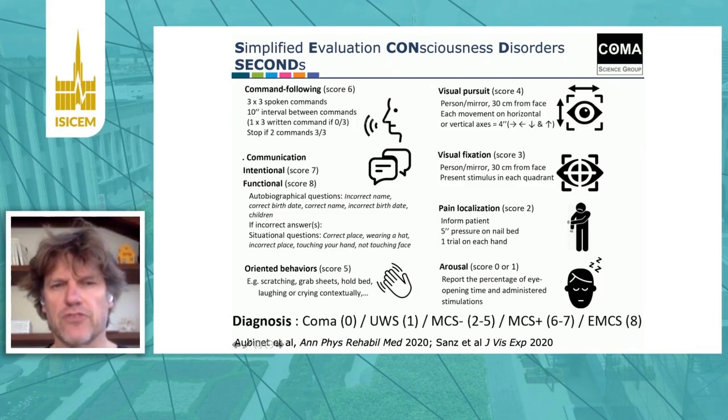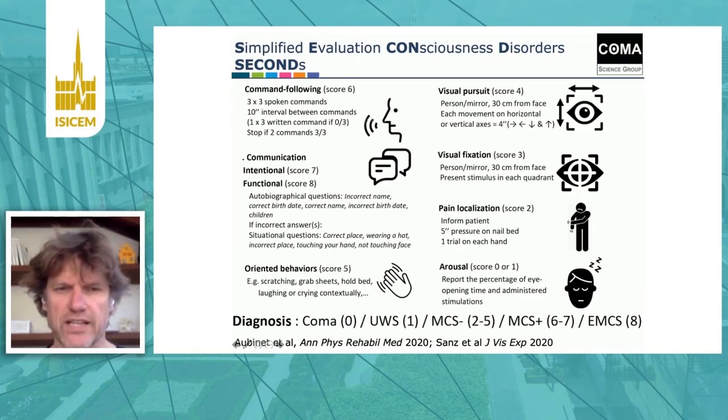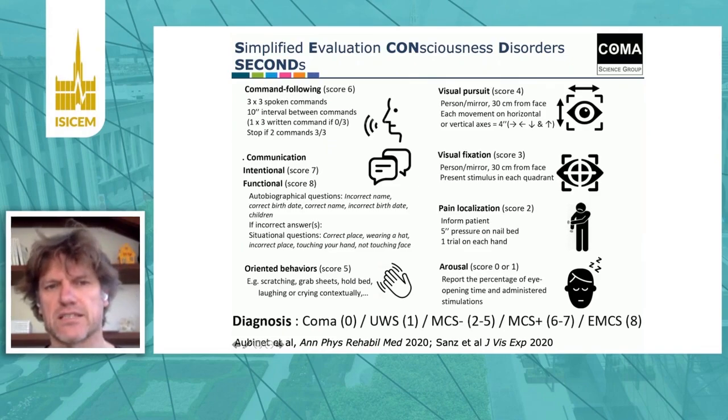Following is looking for oriented behavior, something that is not part of the Glasgow Coma Scale, as is the assessment of communication. So we should look for patients grabbing sheets, holding the bed, scratching, but also, and importantly, whether they're different when their family's in the room. Do they smile? Do they cry for specific contents? Then they would get a score of 5.